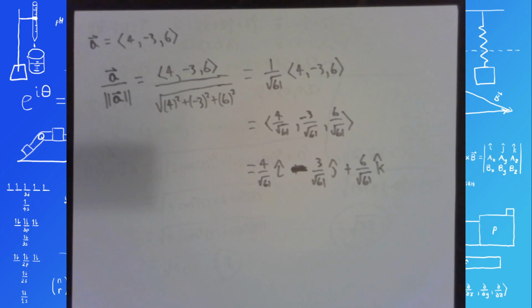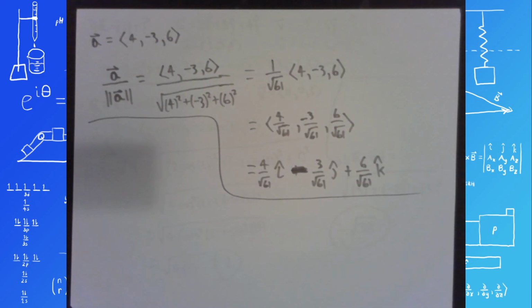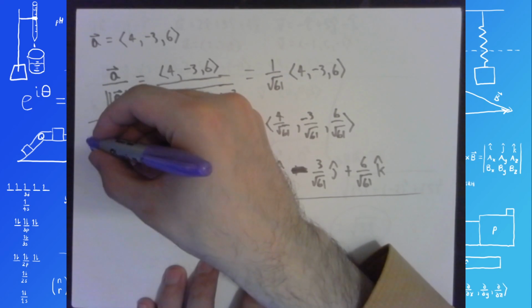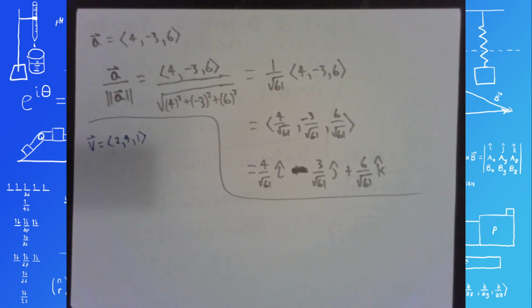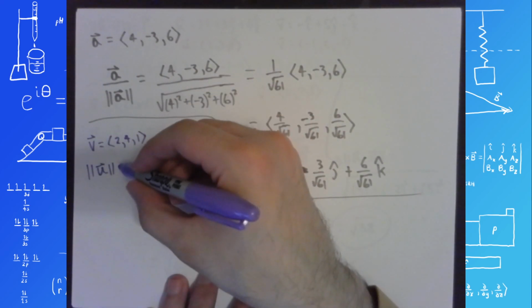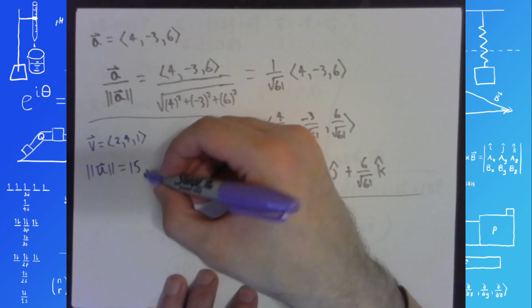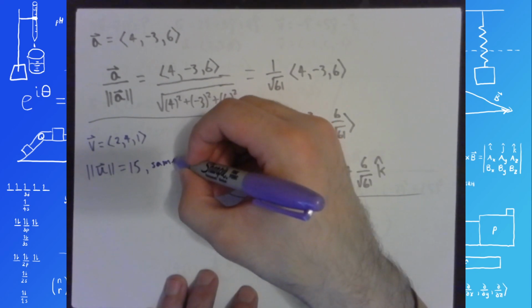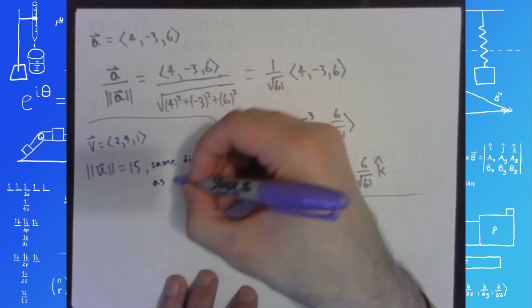Okay, how about this one? So it says we've got v equals (2, 4, 1), and we want a vector u such that its magnitude is 15 and has a direction identical to v, same direction as v.